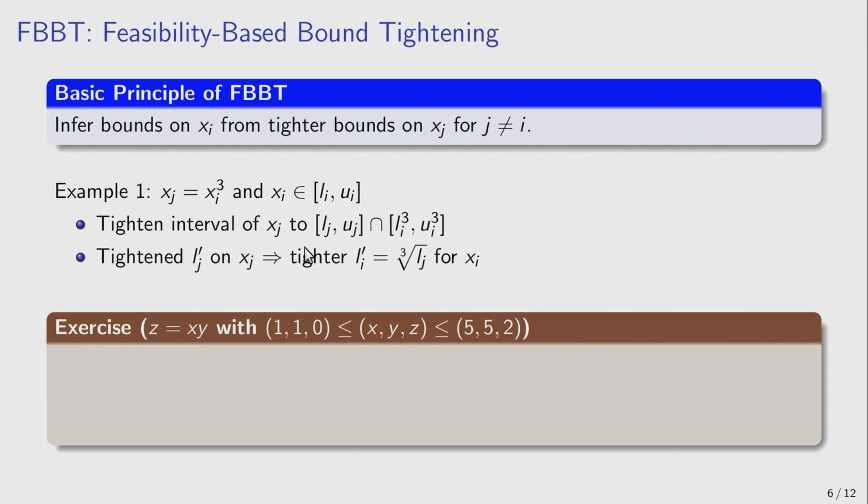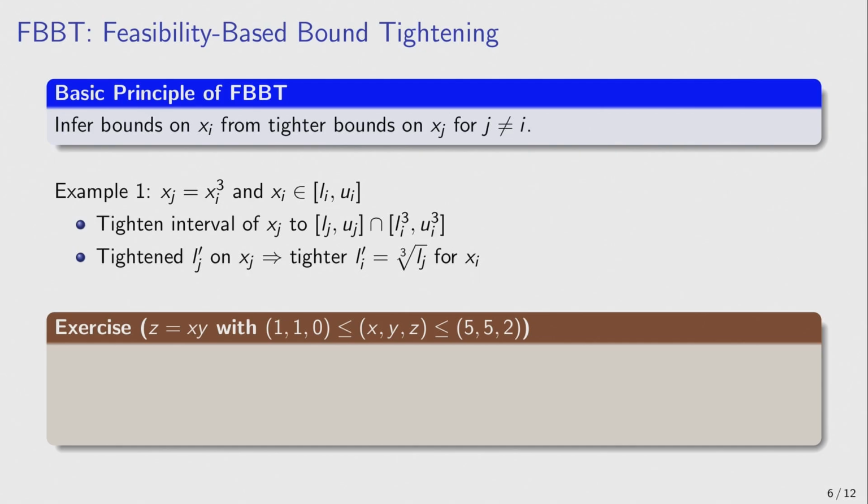I can tighten the interval on xj, because xj is xi cubed, so it will only take values that are intersected with the interval of the bounds that I put into the function. The lower bound that xi cubed can take is li cubed, and the upper bound it can take is ui cubed.